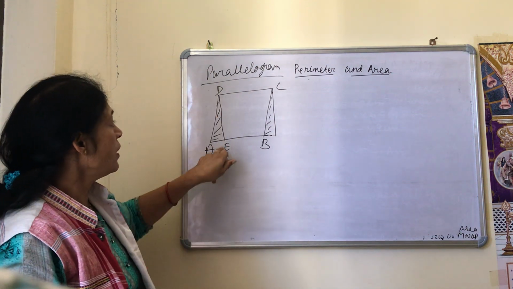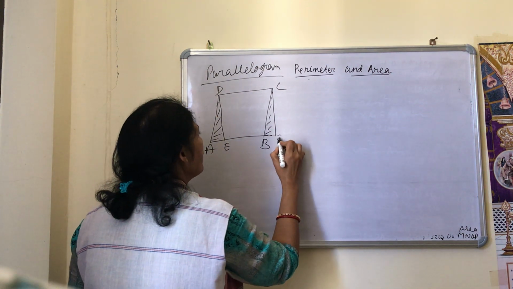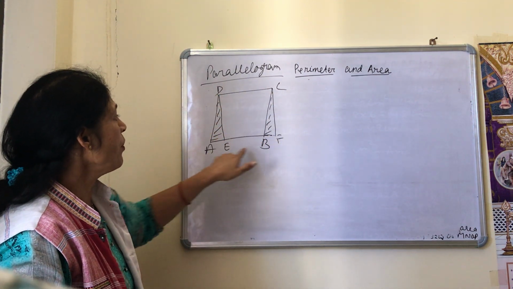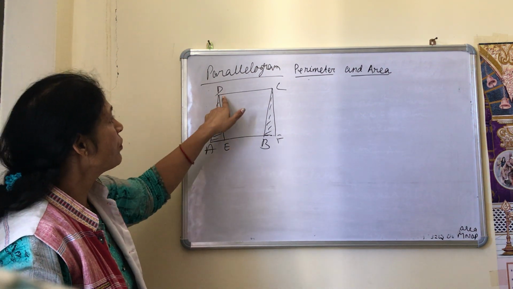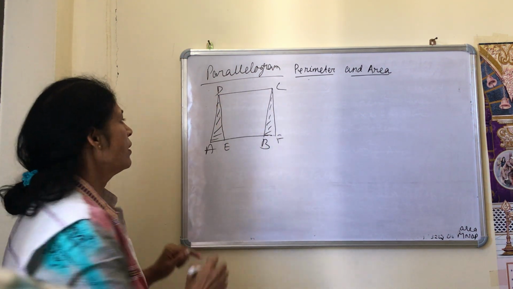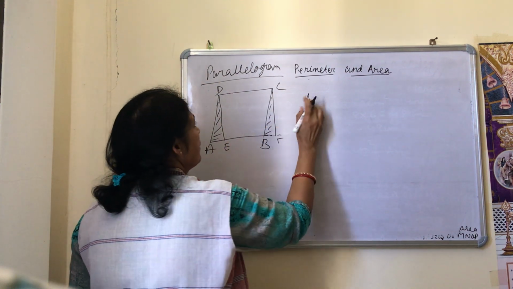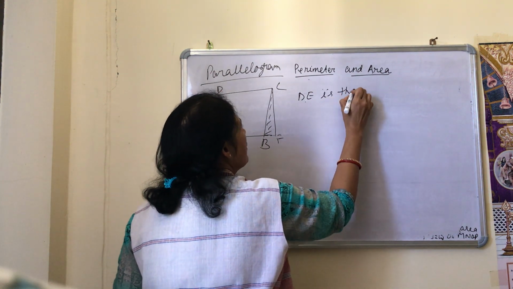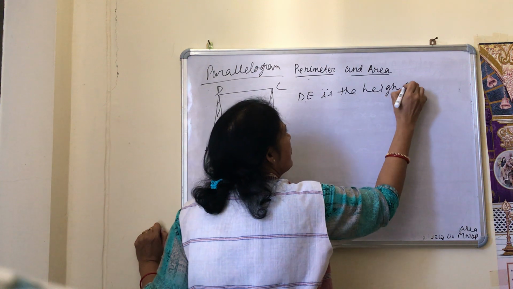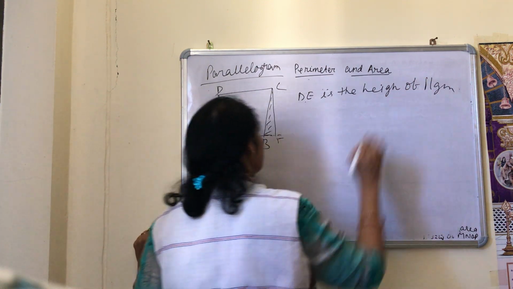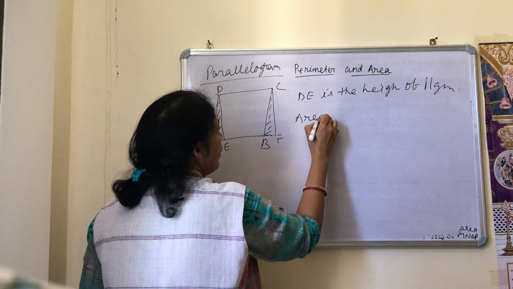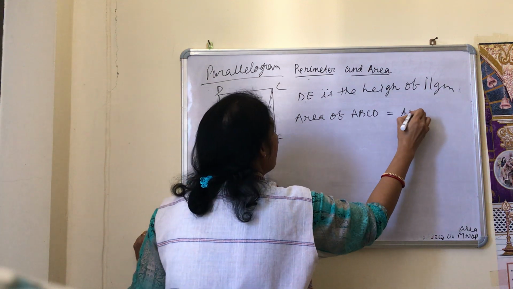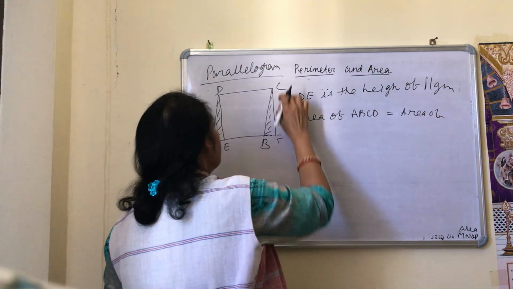so ADE area is equal to BCF area. So you get DCFE is equal to area of ABCD. That means this is your height. DE is the height of the parallelogram. So area of ABCD is equal to area of DCFE.